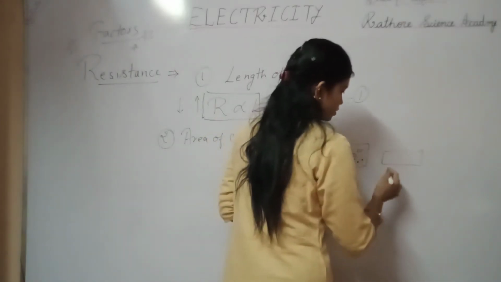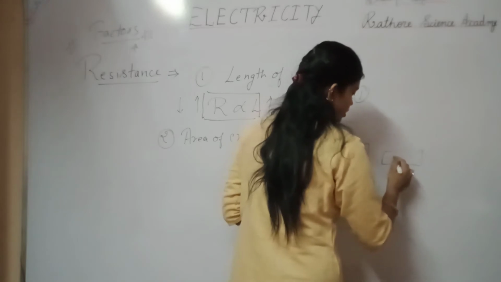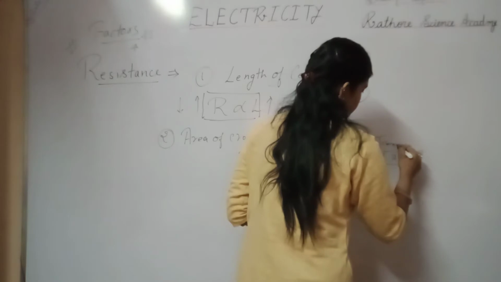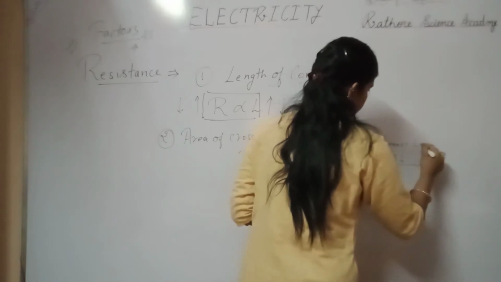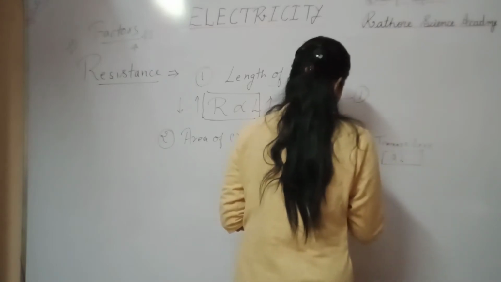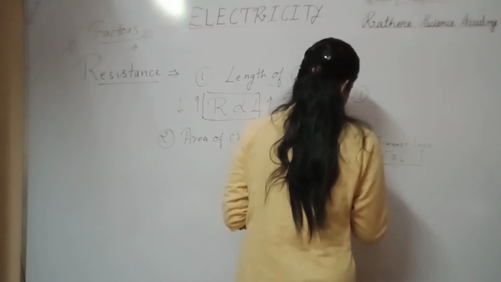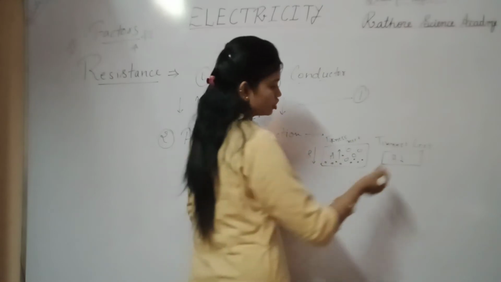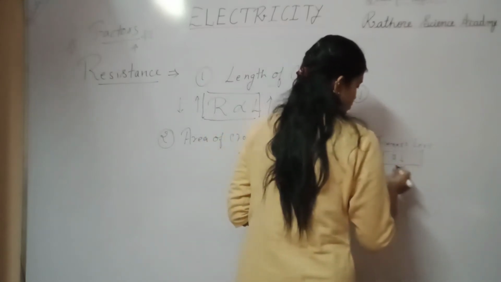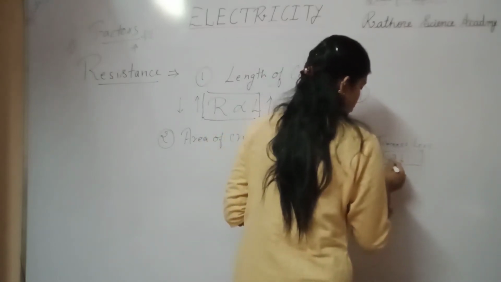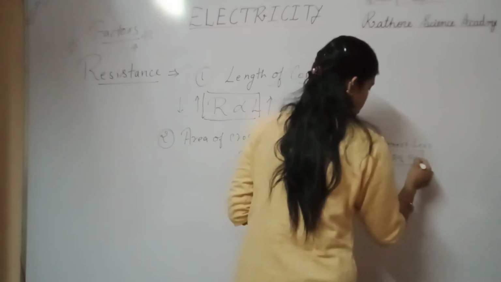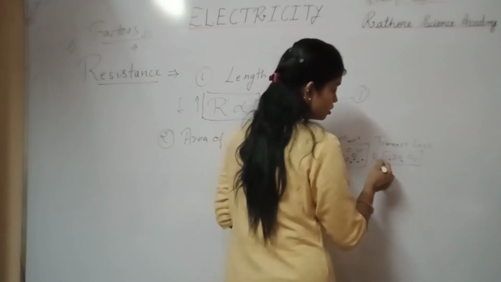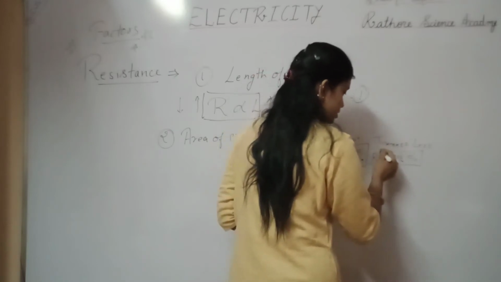Now see, in this wire, thickness is less. That means area of cross section is less. In the same way, more electrons will collide with atoms in this manner, and that's why the resistance will increase.